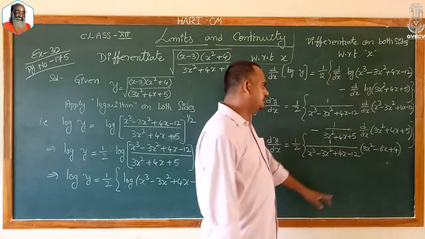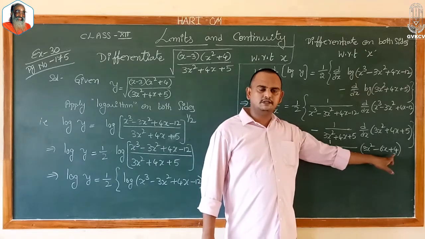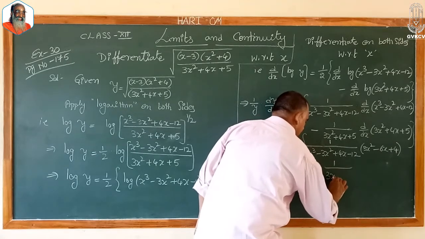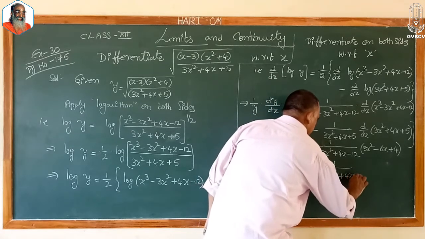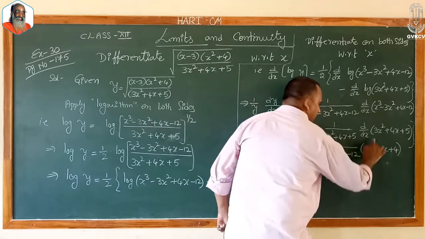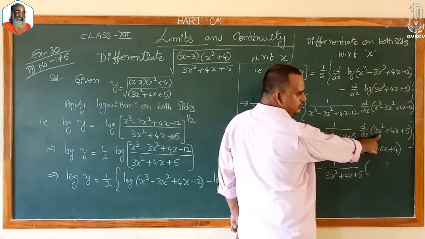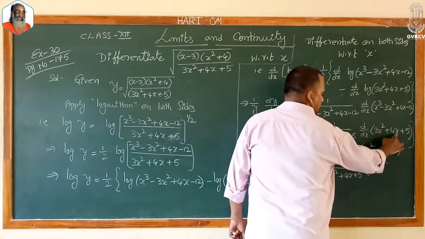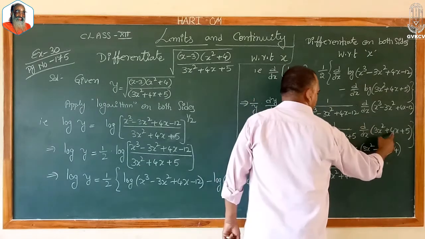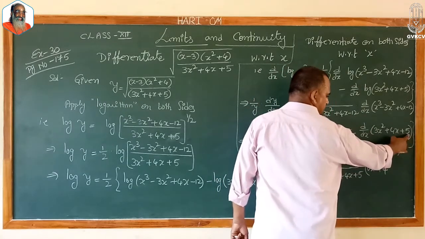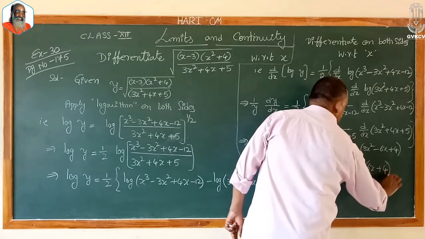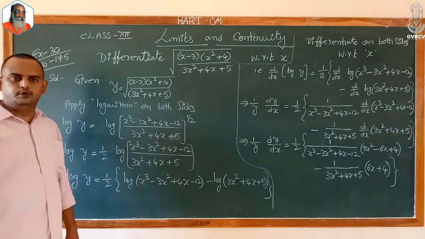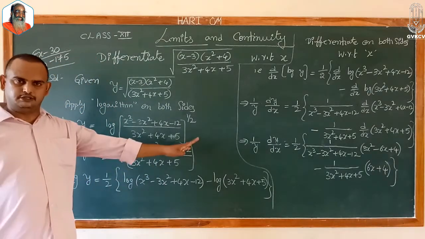Now what we have: 3x square minus 6x plus 4, minus 1 by (3x square plus 4x plus 5) into the derivative of 3x square: x square derivation is 2x, 2x into 3, 6x, plus x derivative is 1, 1 fours are 4. 5 is a constant, derivative of a constant is 0. Hope you understood the procedure.